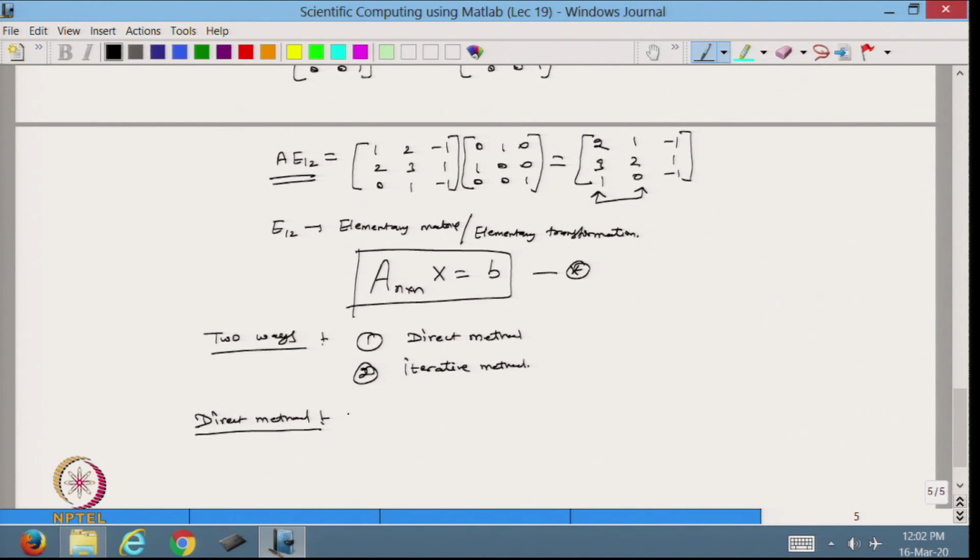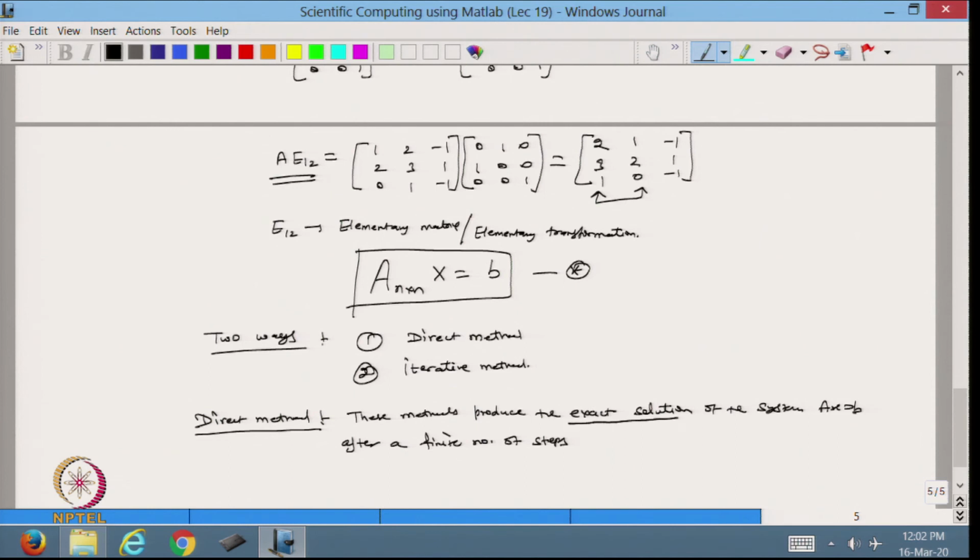These methods produce the exact solution of the system Ax = b after a finite number of steps.